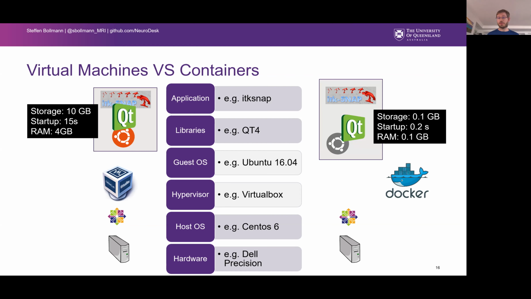And because of that, we end up with a very small container footprint. So the size is very small, can be easily distributed. The startup times are very fast because we're not booting an operating system. And also because of that, the RAM requirements are very low. So this enables us to run applications as if they were installed locally, but we can run them in a container and we can distribute them like a virtual machine. So to summarize, containers are, simply said, very lightweight virtual machines with a lot of advantages.